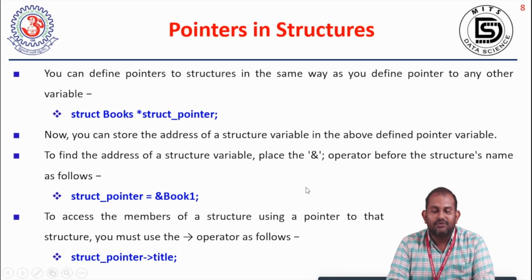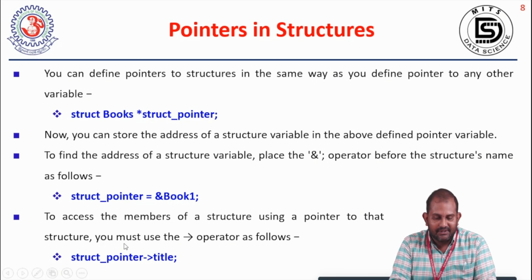After that, how to store these variable instances into a pointer. Just like a general pointer storing an address, likewise we can store that structure variable into a structure pointer. Like here, struct pointer equals ampersand book 1. Here we are going to store the starting address of that structure variable.